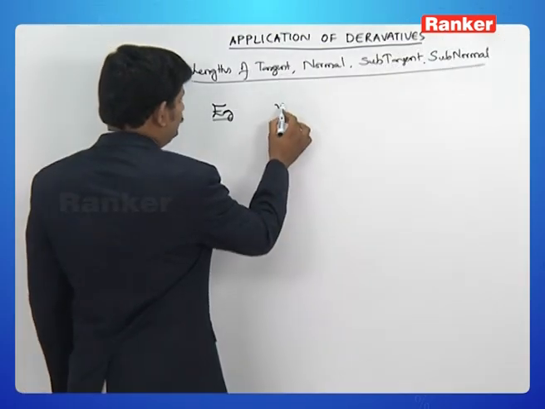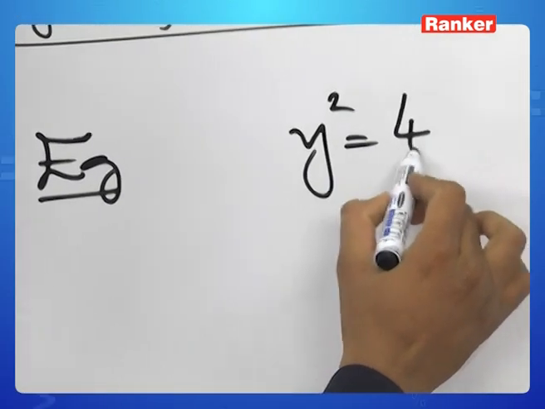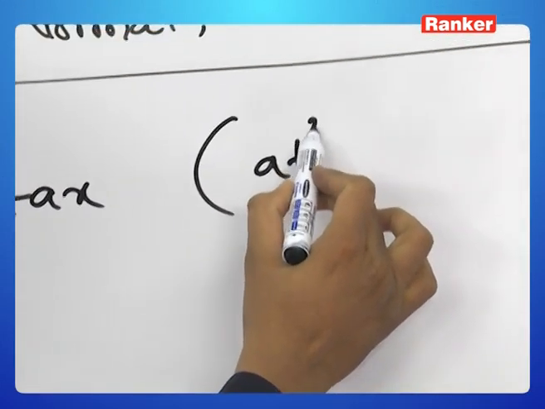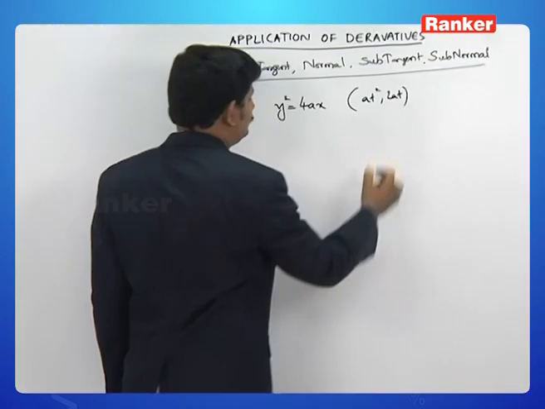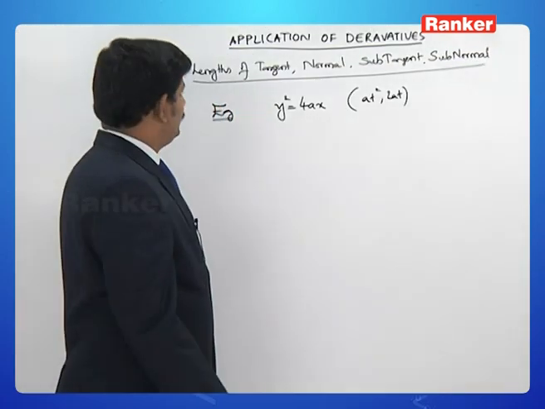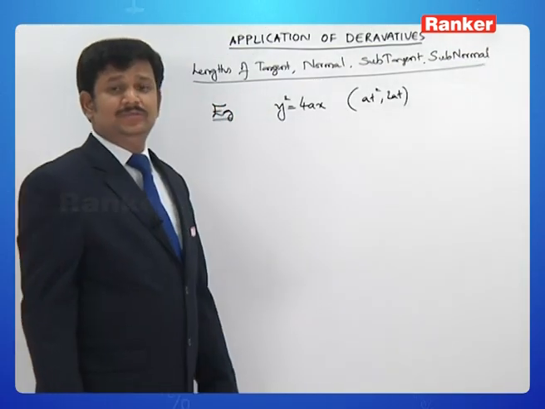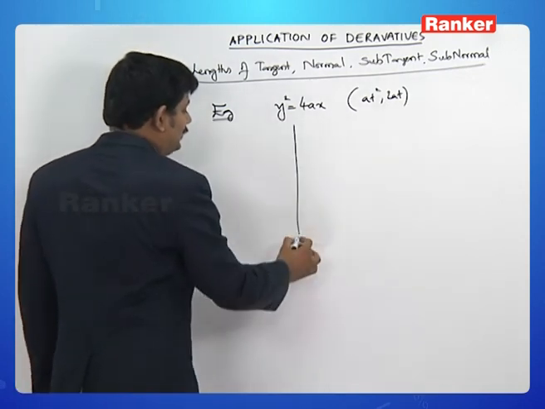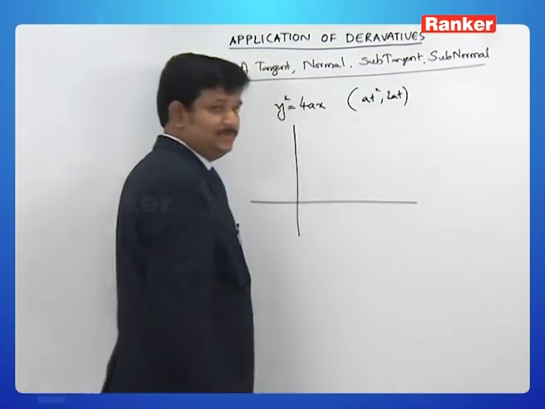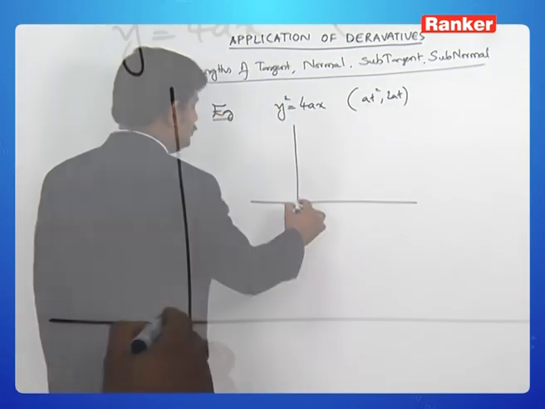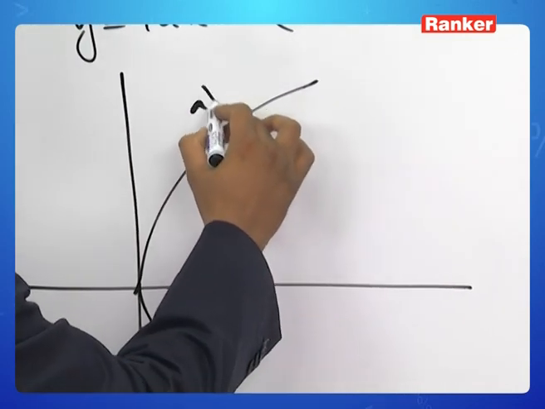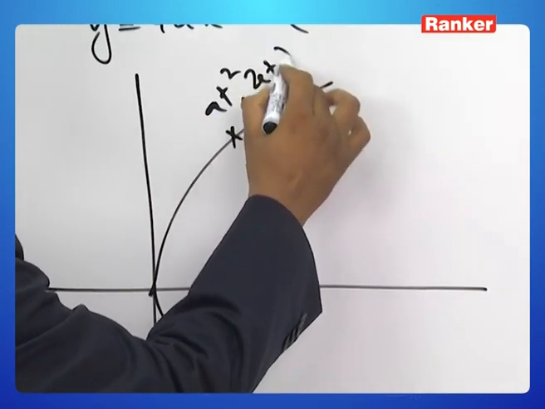To the curve y square is equal to 4ax at the point (at square, 2at), find the length of the normal, length of the tangent, length of the subtangent, and length of the subnormal. So let us find these for the curve y square equals 4ax at the point (at square, 2at).